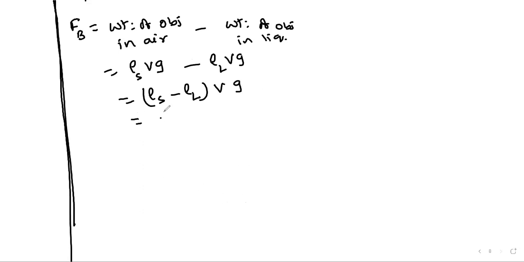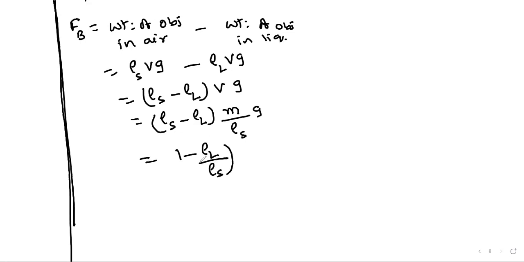So it is rho s minus rho l times Vg. Volume I can write as mass by density of solid. So 1 minus rho L by rho S times mg. That is my upthrust.